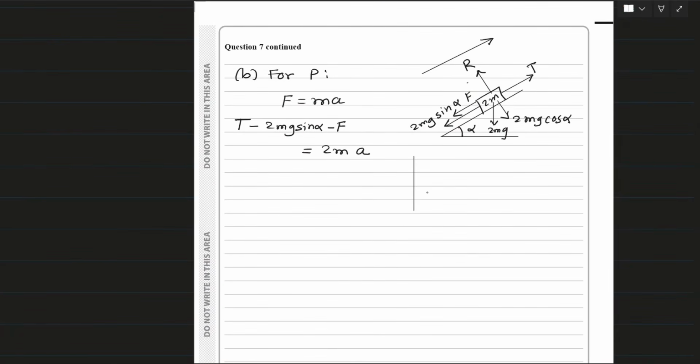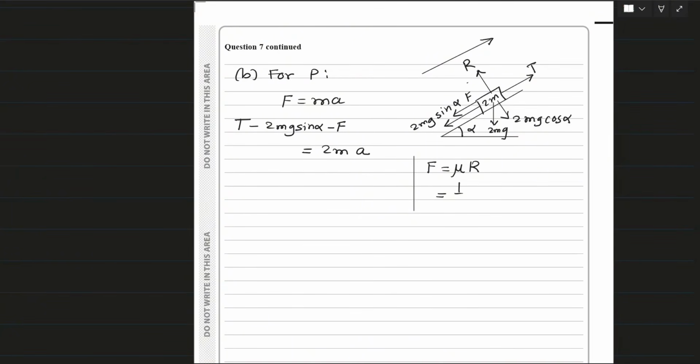We know that the friction force is the maximum friction force in this case, and maximum friction force is equal to mu into R. As the block is accelerating upwards, the friction force applied on the block is the maximum friction force. So the maximum friction force is equal to the coefficient of friction and the reaction force on the block.